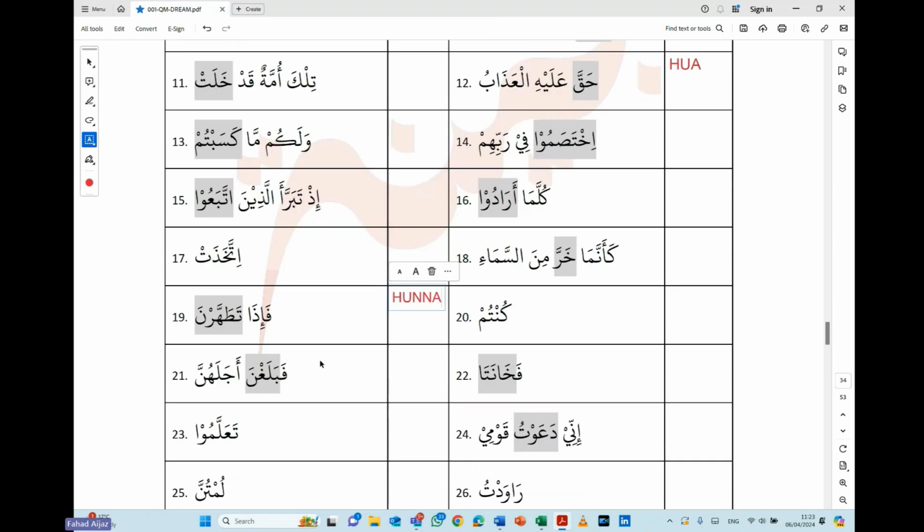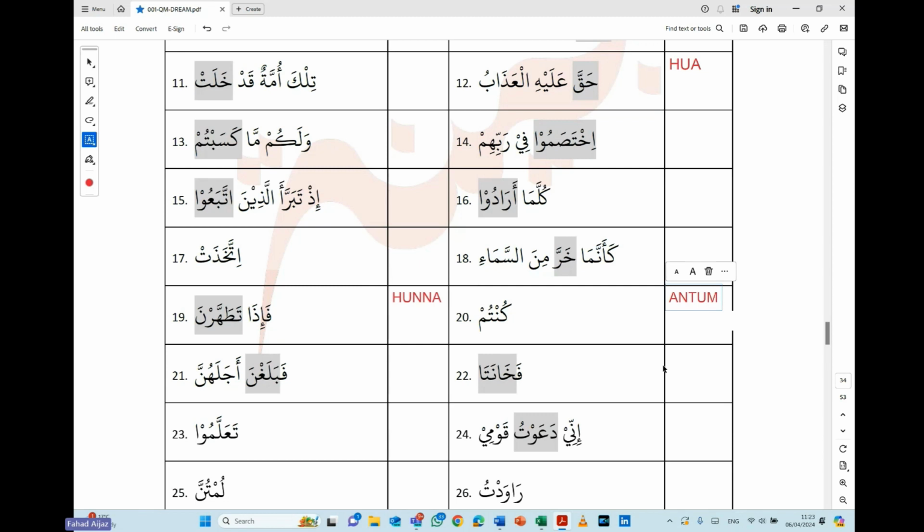Number 20, Noor. Let's try this one. Kuntum. Antum. Very good.